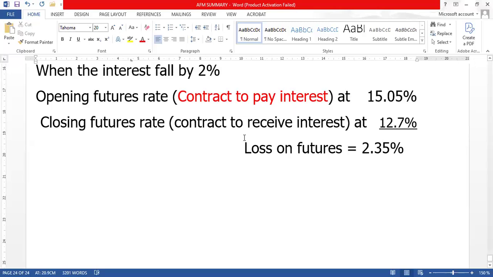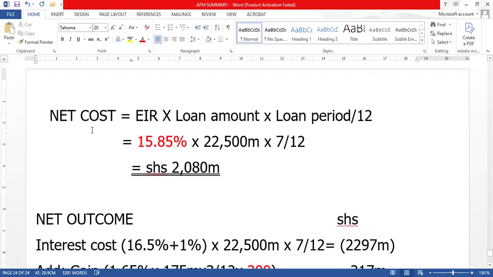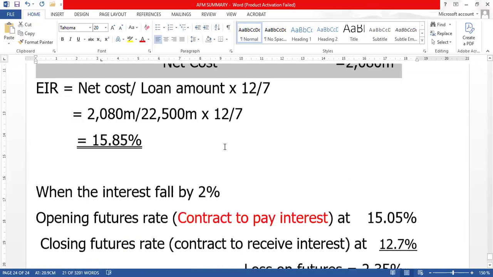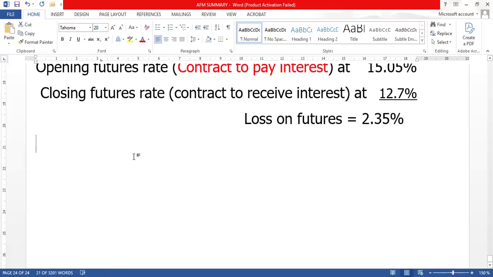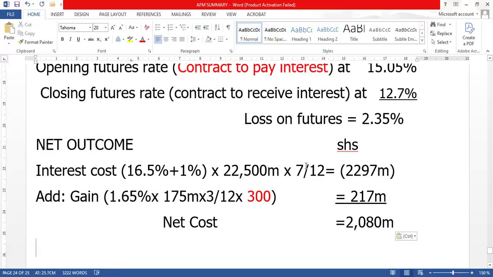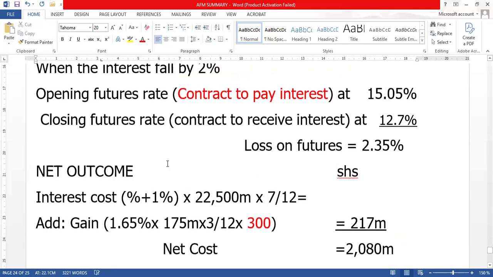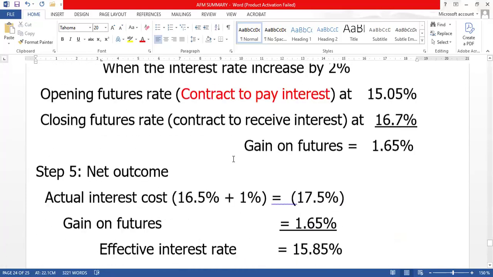Once you get the loss, the next step is to look at the net outcome. Let me just copy this, then I make a few adjustments. Of course, here the net interest cost will be, if the rate decreases by 2%, the prime lending rate is what?